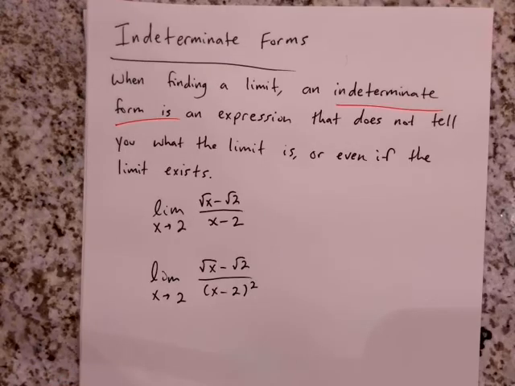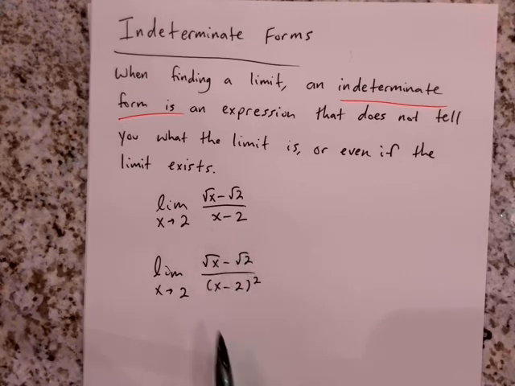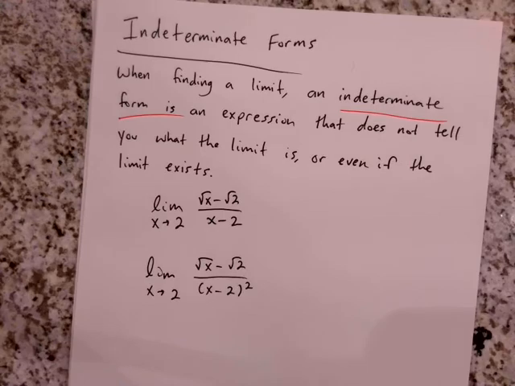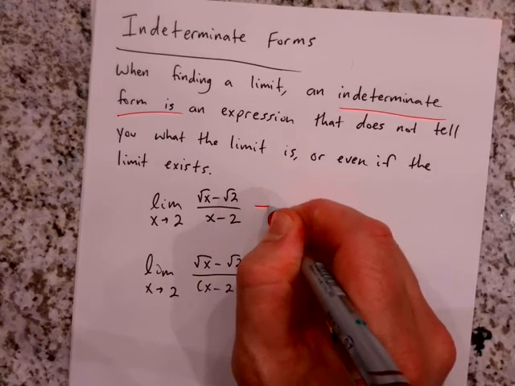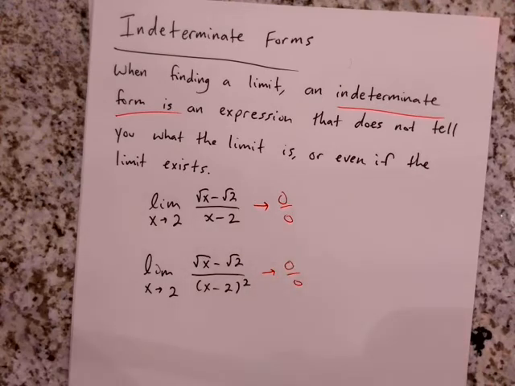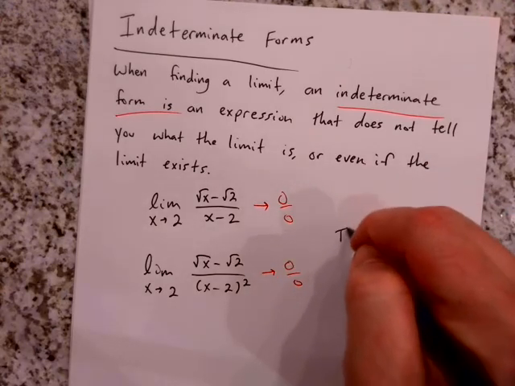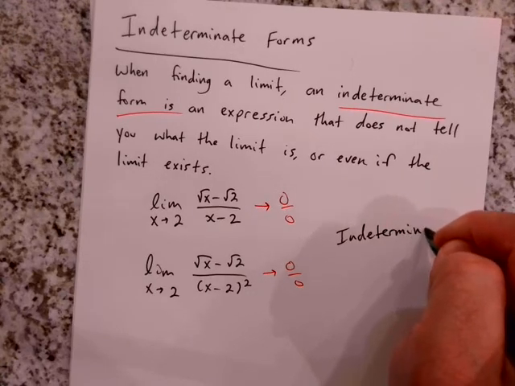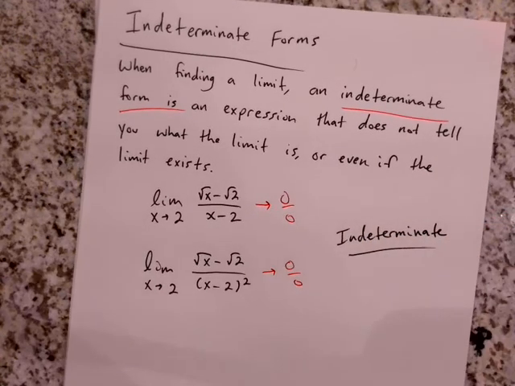Similar functions, but the top one is a linear power, the bottom one's a quadratic. Both of these, when you plug 2 into the expression, give you 0 over 0. That is an indeterminate form, because we have no clue what the answer is just based off that.